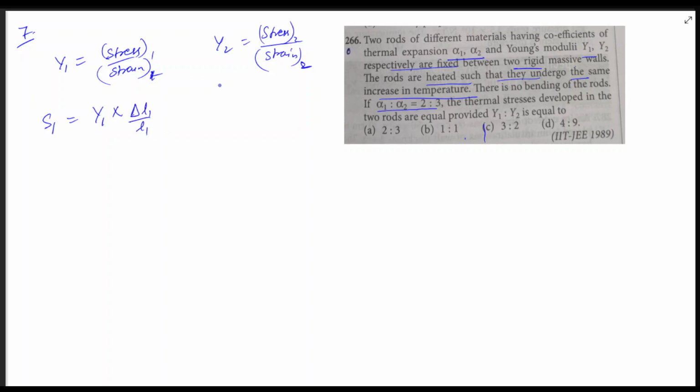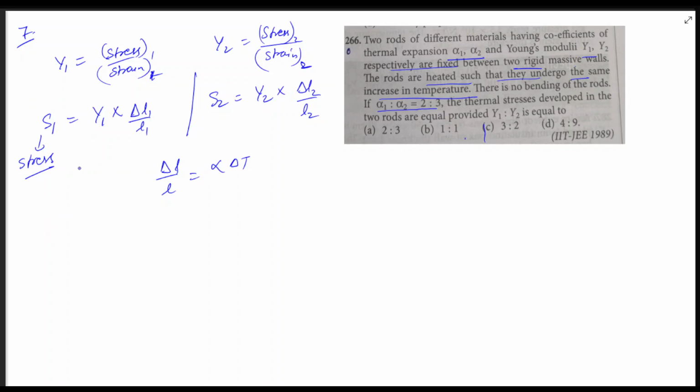And for stress 2, it will be gamma 2 into strain, which is delta L2 by L2. Now we know delta L by L is alpha delta T. So let's just put them in.